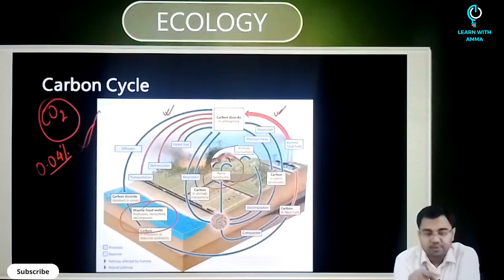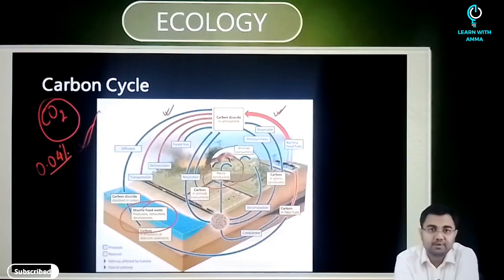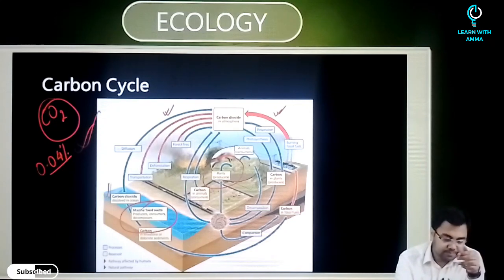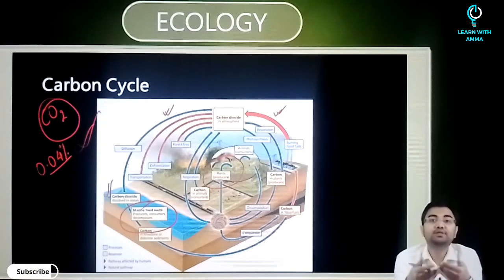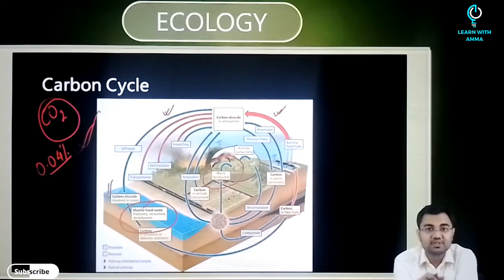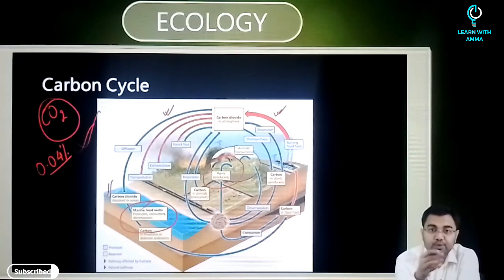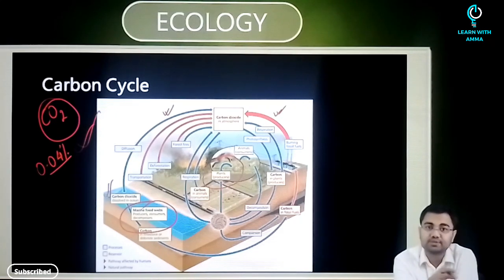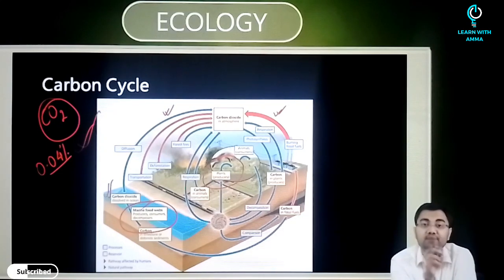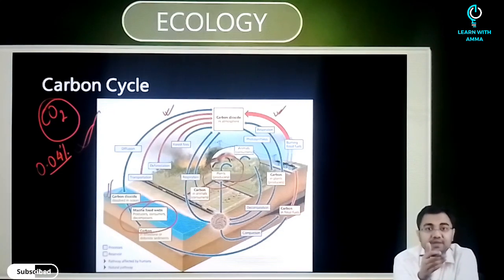So the process of aerobic respiration breaks down glucose and other organic compounds and converts carbon back to carbon dioxide in the atmosphere or in water for reuse by the producers. So this linkage between photosynthesis in producers and aerobic respiration in the consumers or decomposers circulates the carbon in the biosphere.